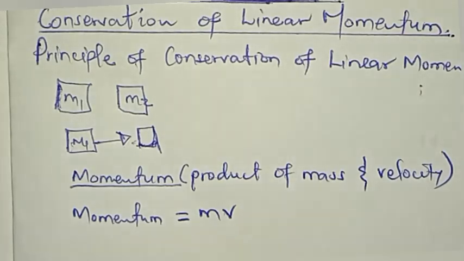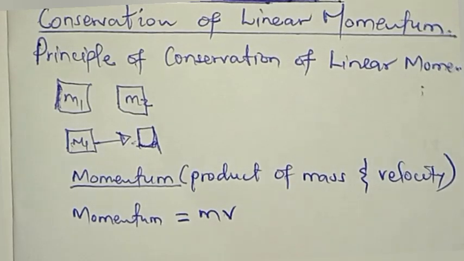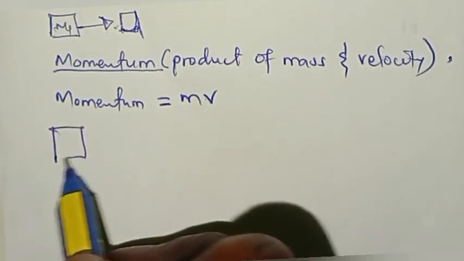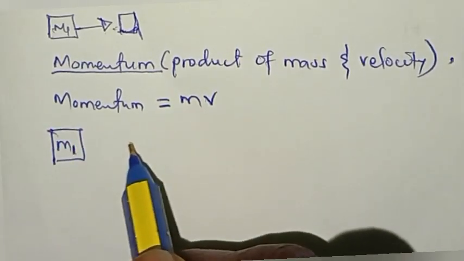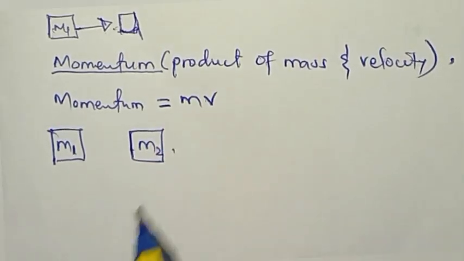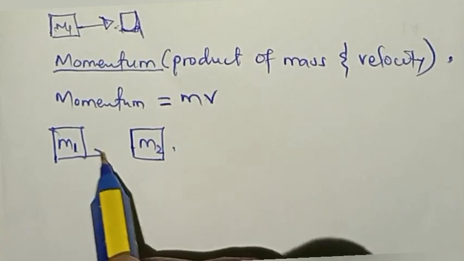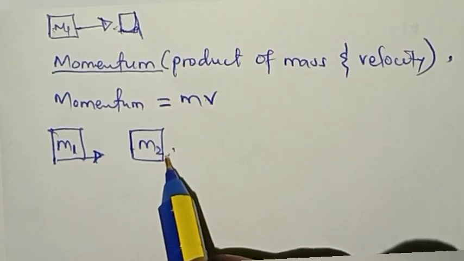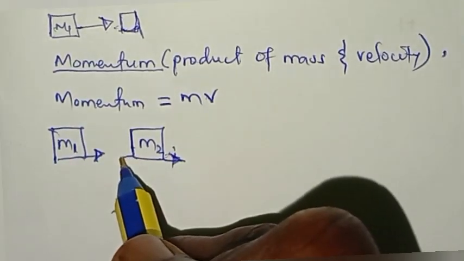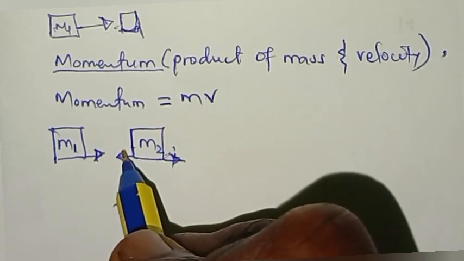Then let us assume we have this body of mass m1 and another body of mass m2, and this body was in motion while this other body was stationary, or at equilibrium.